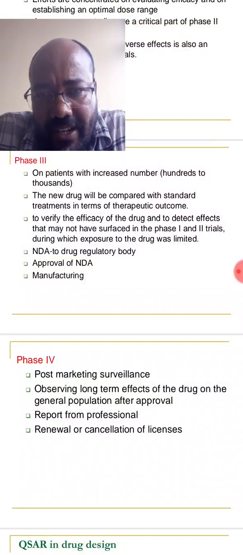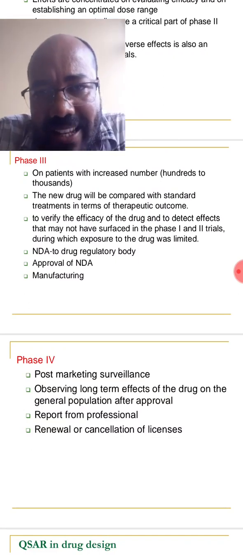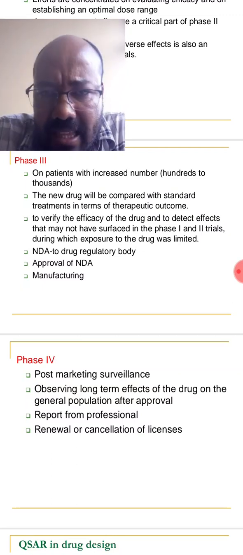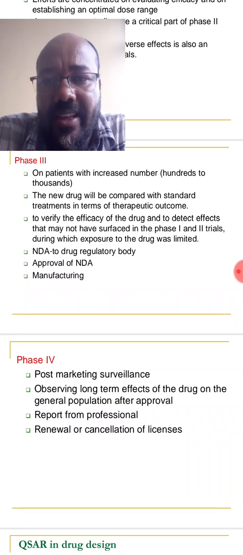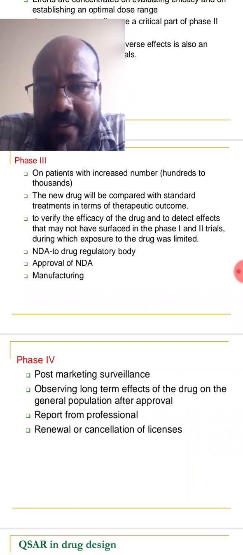the number of patients will increase here, maybe hundreds and thousands of patients. The new drug will be compared with standard drugs to compare the activity, the stability, the potency of the new drug with the standard drugs, to verify the efficacy of the drug and to detect effects that may not have surfaced in the phase 1 and phase 2 trials, during which exposure to the drug was limited.